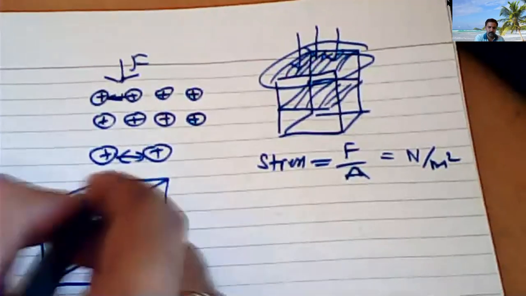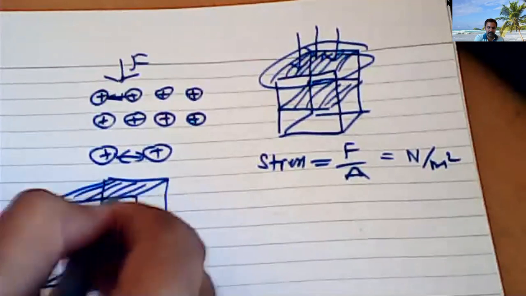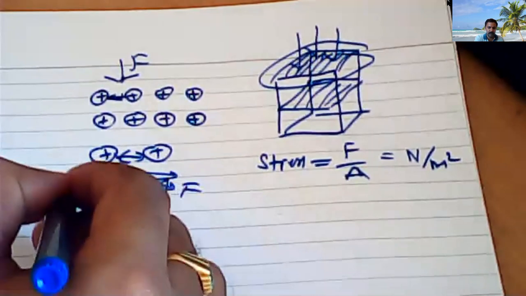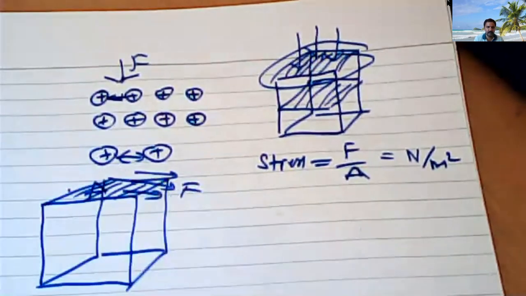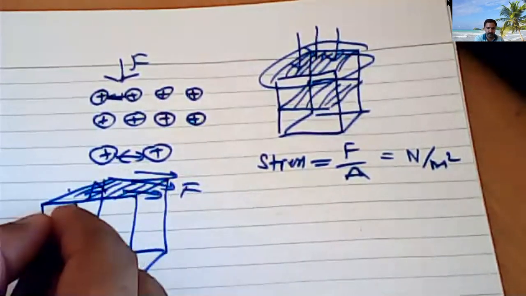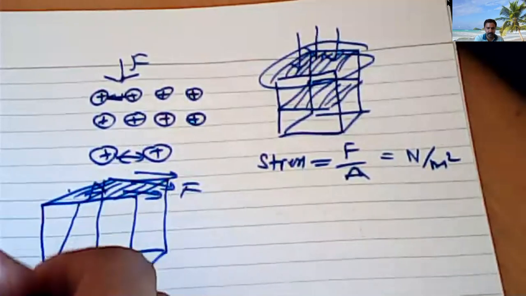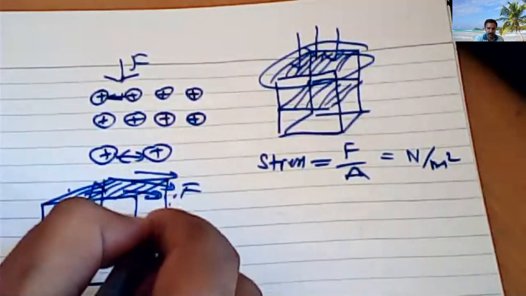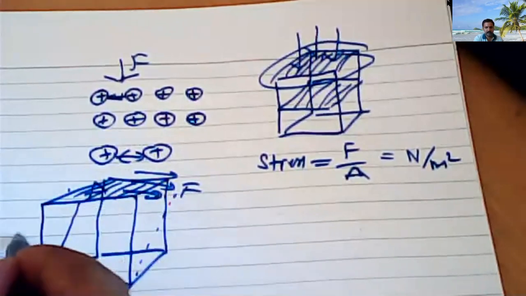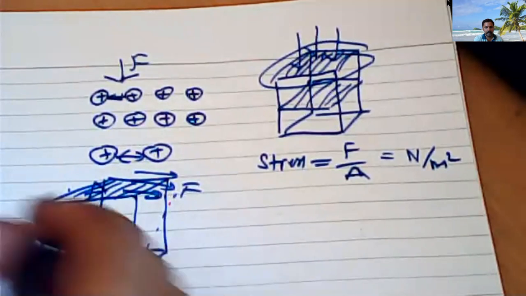Now you are applying a force parallel to this area of cross section. So what will happen if you apply a tangential force parallel to this area of cross section? Each layer of this cube will be displaced or sliding one over the other. For example, h is the height of the cube.